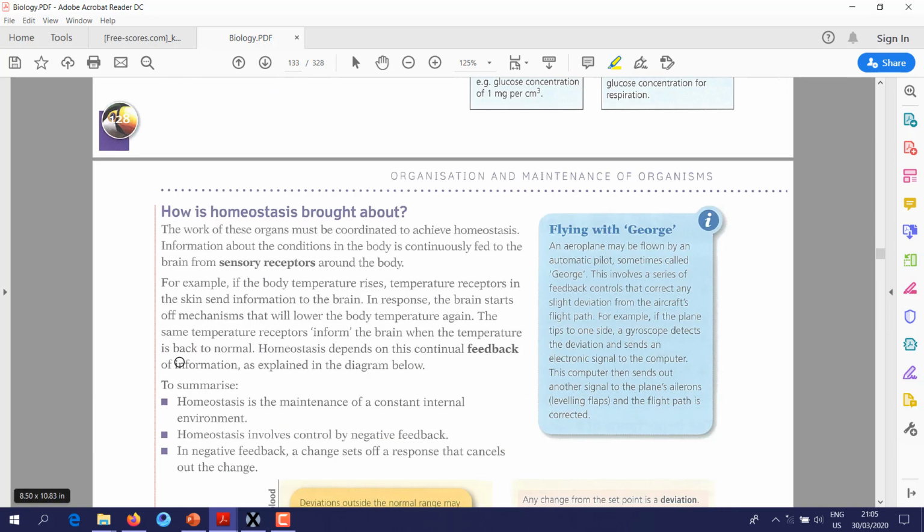For example, if the body temperature rises, temperature receptors in the skin will send information to the brain. The brain starts a mechanism that will lower body temperature again. The same temperature receptors inform the brain when the temperature is back to normal. So homeostasis depends on this continual feedback or information.